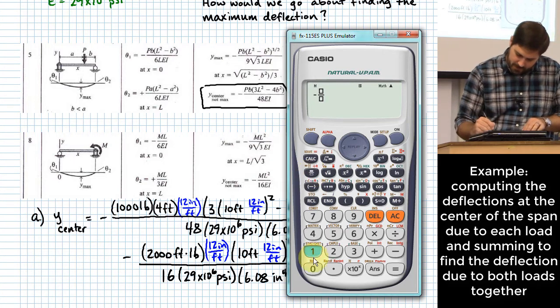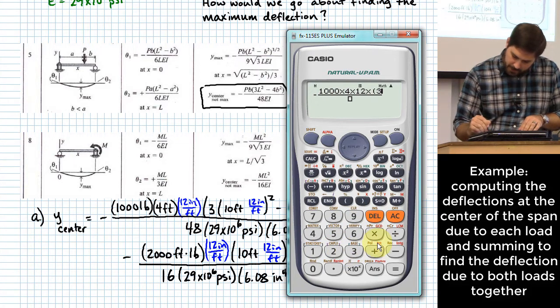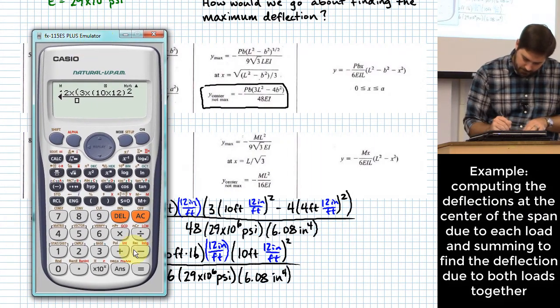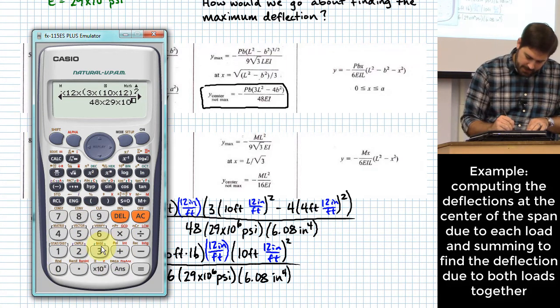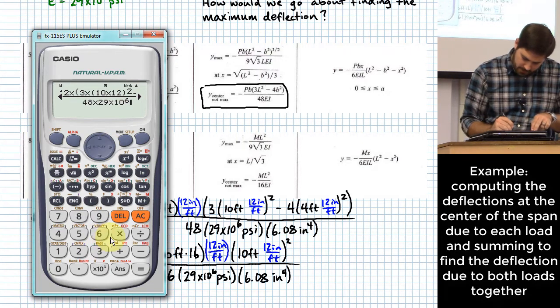Minus 1,000 times 4 times 12 times, let's see, 3 times 10 times 12 squared minus 4 times 4 times 12 squared, all this over 48 times 29 times 10 to the 6th times 6.08.